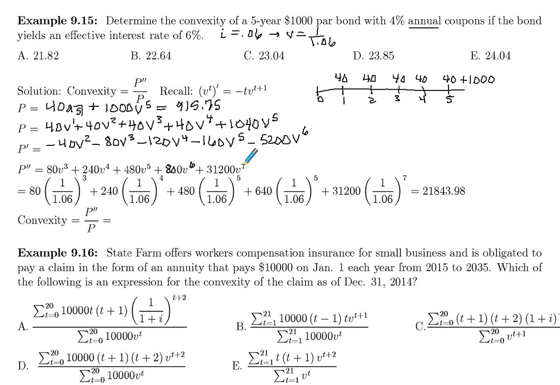Then we just need to plug in our discount factor 1 over 1.06, and we can evaluate p double prime at i. So I plug that in all the way along. My 640 here needs to change to 800.